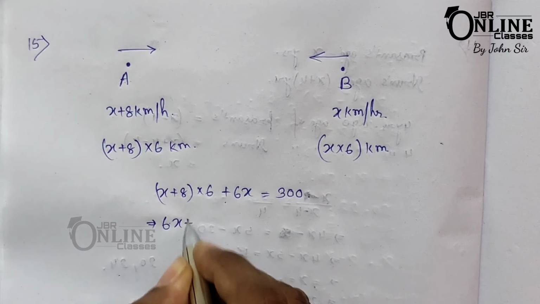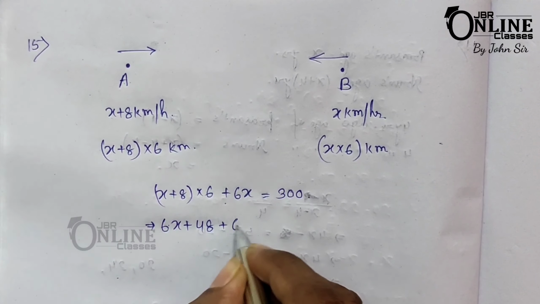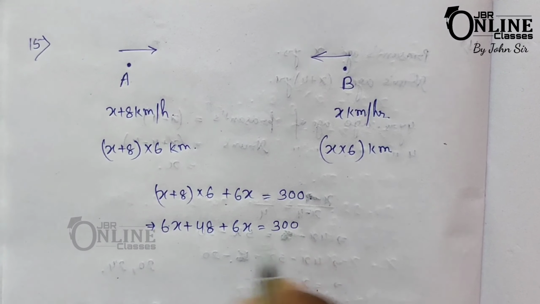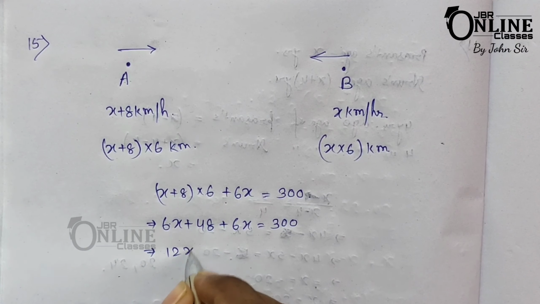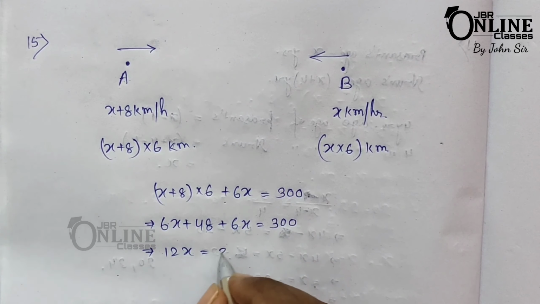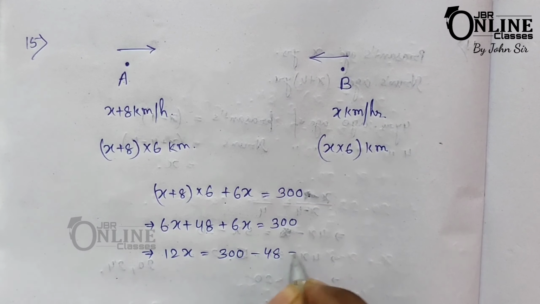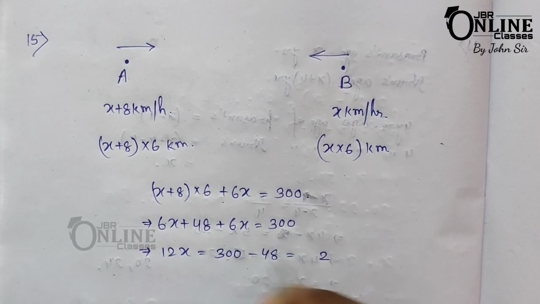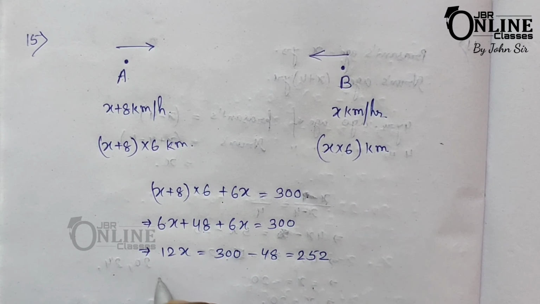So here 6x plus 48 plus 6x equals 300. So 12x equals 300 minus 48, and that equals 252.